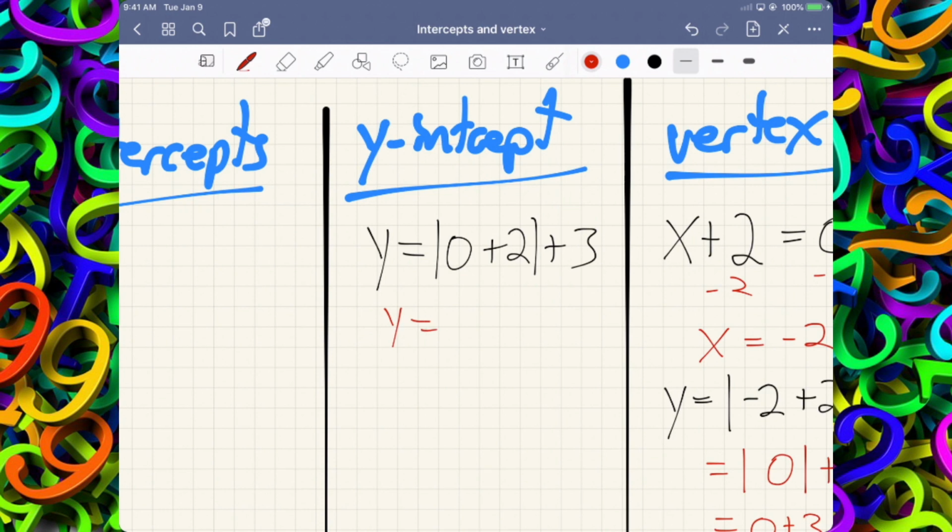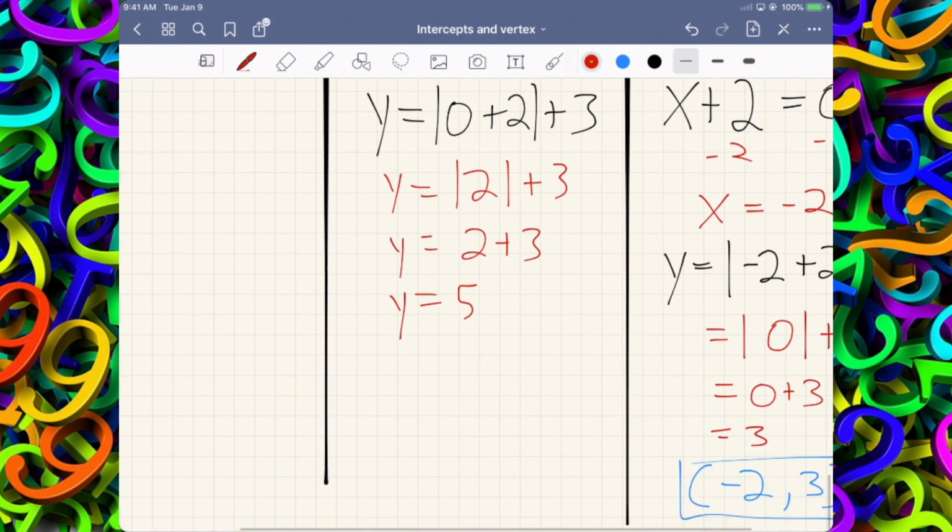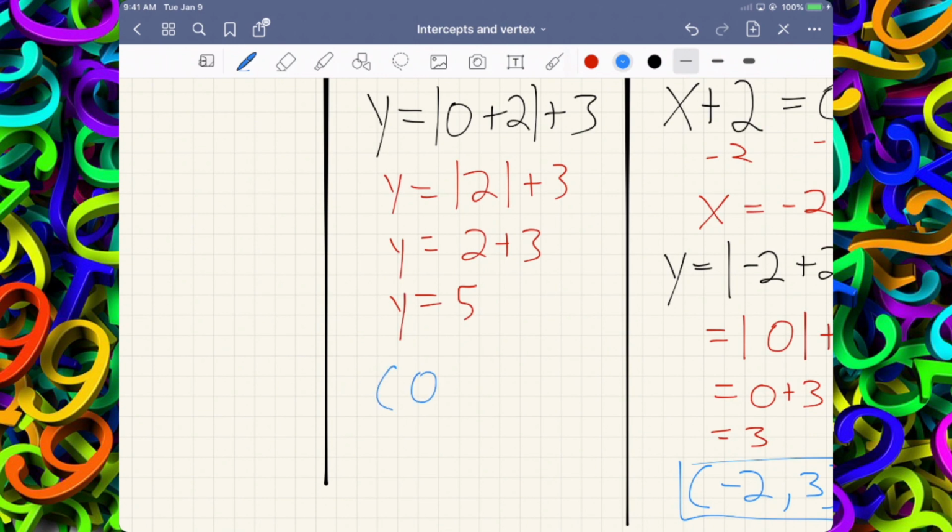Y equals 0 plus 2 is 2 plus 3. The absolute value of 2 is 2, and plus 3 equals 5. So we get y equals 5. And the coordinate pair for our y-intercept is then 0, because our x value was 0, comma 5. And we have our y-intercept.